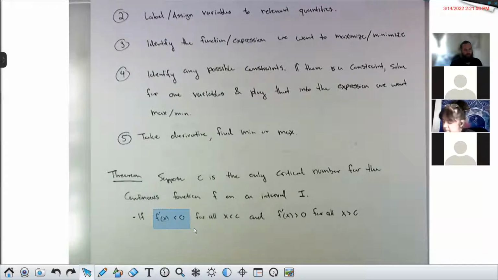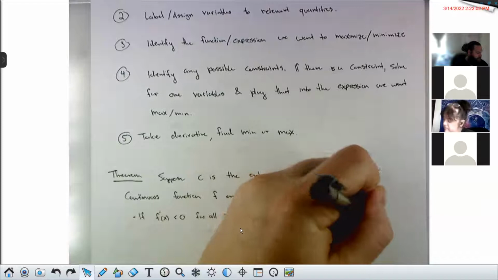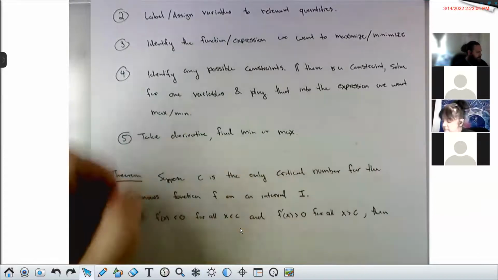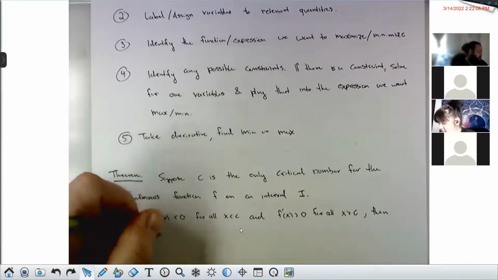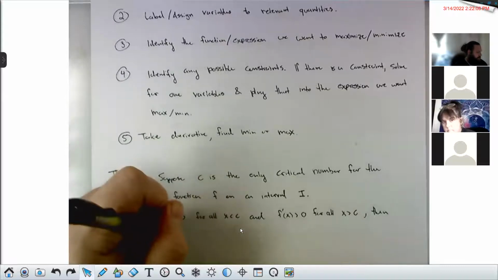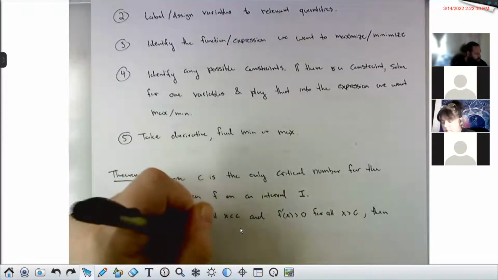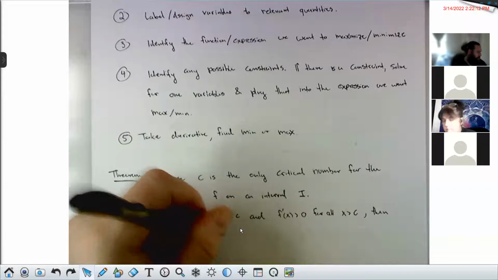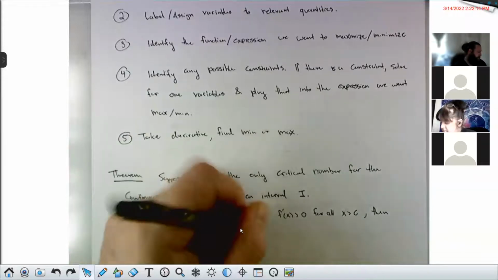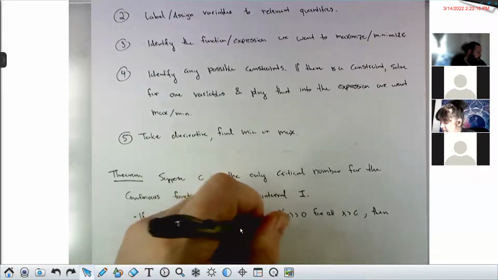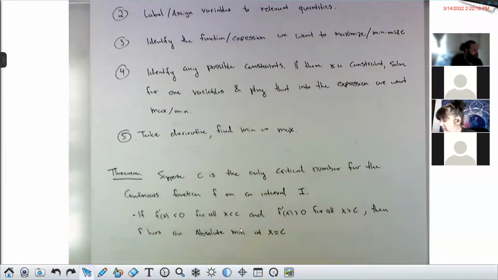Well, if f prime is negative everywhere to the left of c, that means I'm decreasing everywhere to the left of c. And f prime is positive everywhere to the right of c means I'm increasing everywhere to the right of c. So the conclusion here is then f has not just a local min, but an absolute min at x equals c.